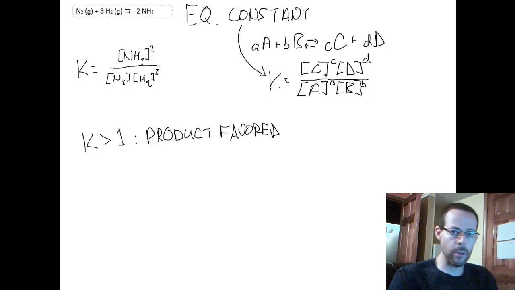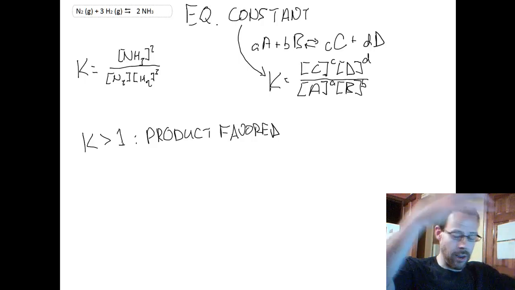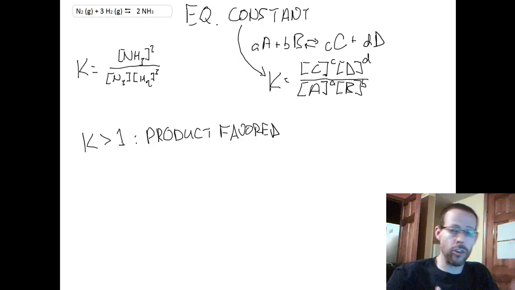So if we have a large number, something bigger than 1, our numerator on the top has to be larger than our denominator on the bottom. If our numerator is larger, it means we have lots of our product. Why is it big? It's big at the expense of our reactants reacting and getting much smaller.